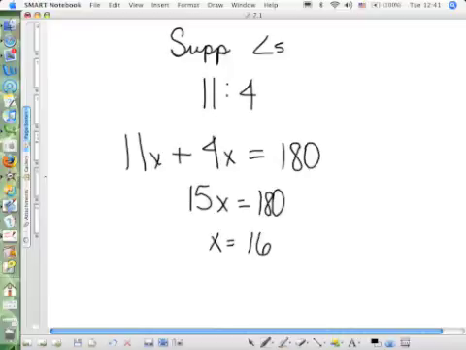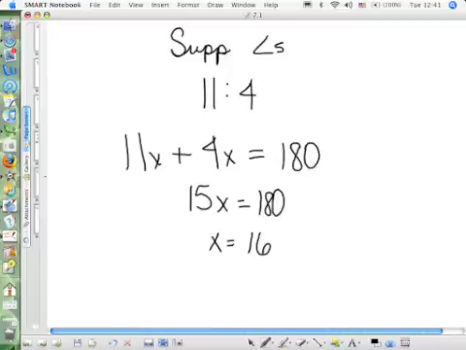So, we had 2 angles written side by side and we reduced them by some number to get this 11 to 4. So, we need to figure out what was that number we reduced them by, because let's make them big again. All right? Well, the number we reduced each one of them by was 16. So, I multiply both of them by 16, and that gives me their measure.